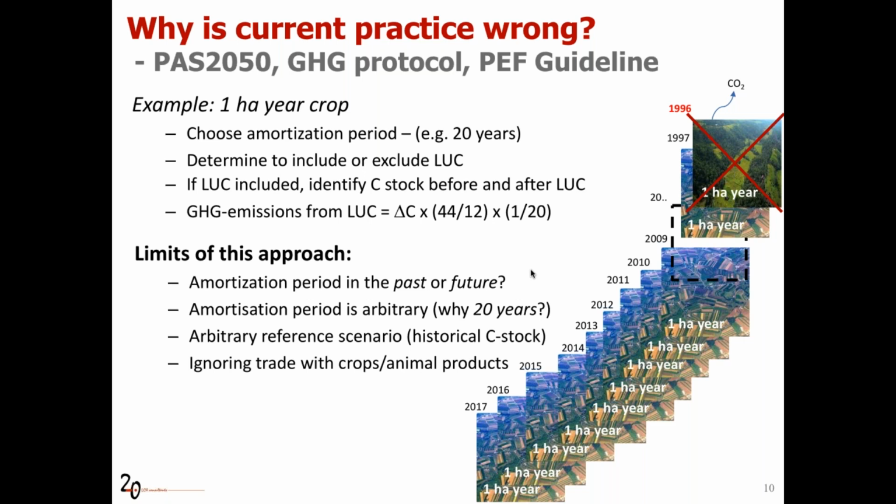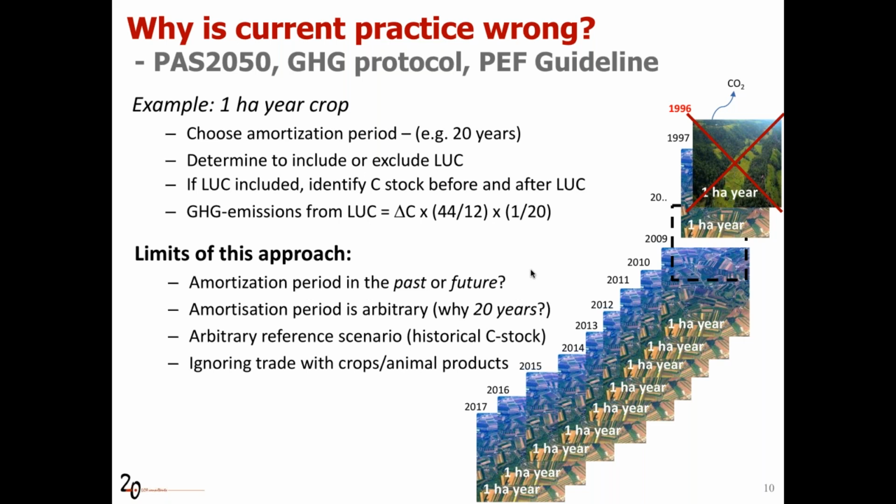This also means that the choice of the amortization period affects the reference scenario. As we have seen in the picture I just showed, if we account for a reference amortization period of 20 years, and the land use change occurred 1 year before the 20 years, then we are basically assuming a reference scenario of no change, the same land type as today.